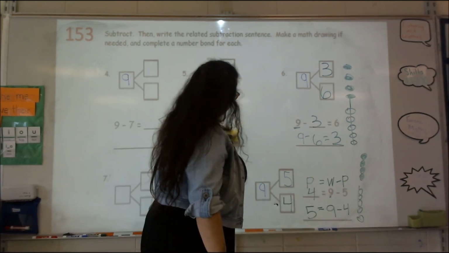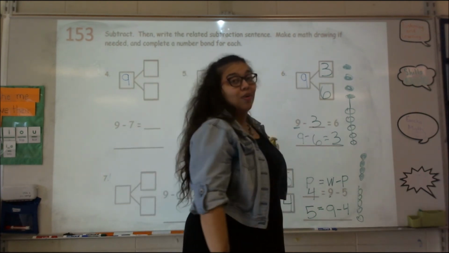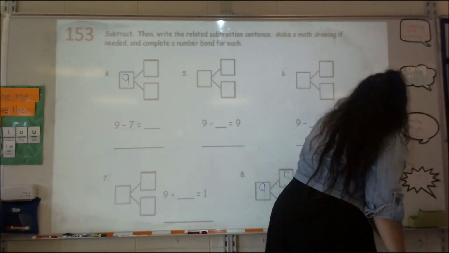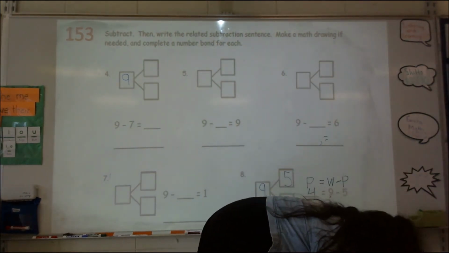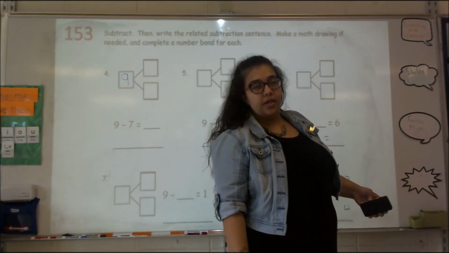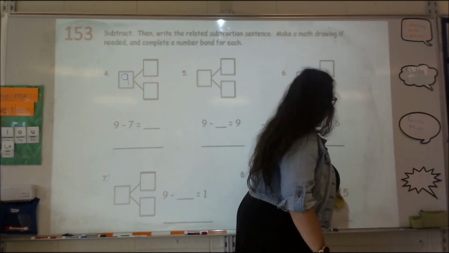And for each of those number bonds, there are multiple ways in which to write your addition and subtraction sentences. So a number bond of that nature gives you at least one addition and one subtraction. If it's a double, then you don't worry about that. There are no doubles with 9, though, because it's an odd number.